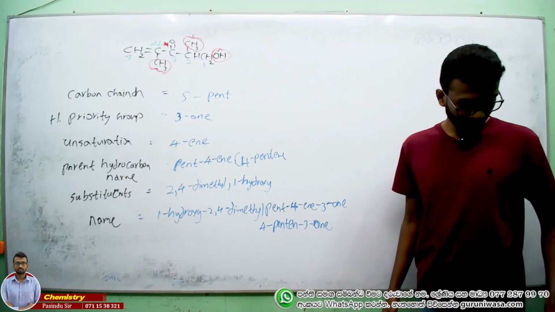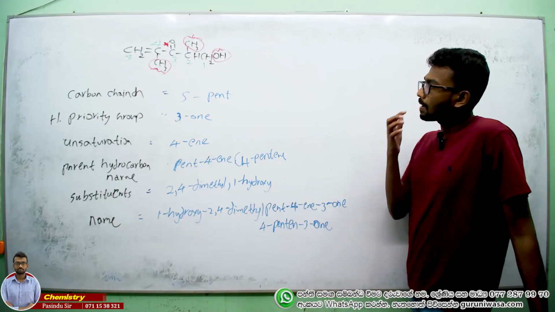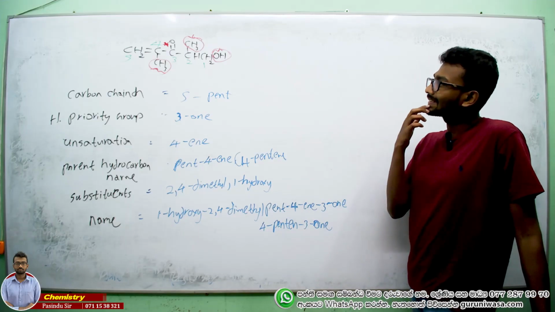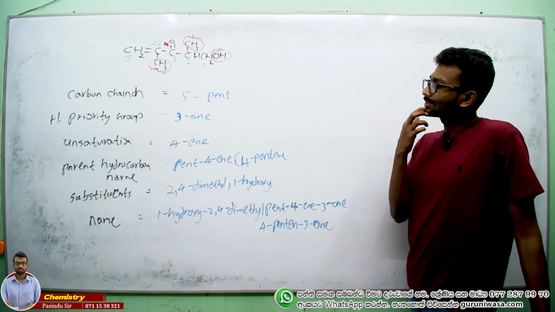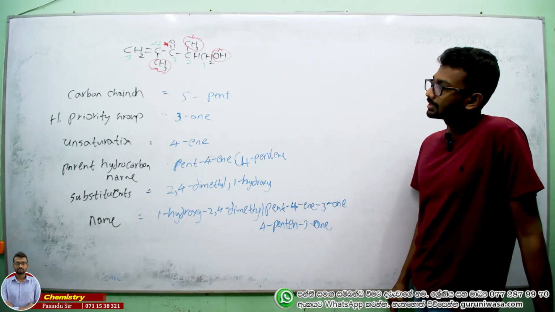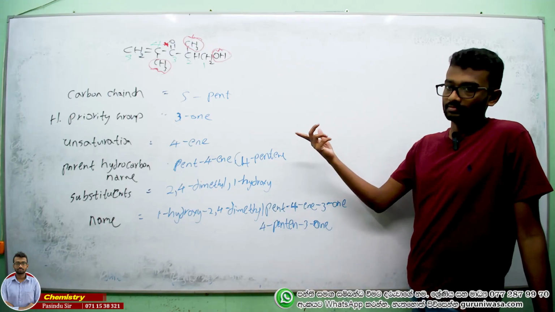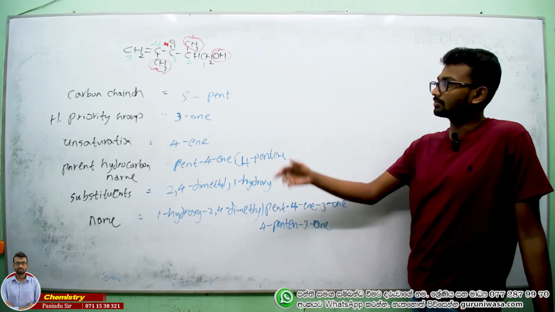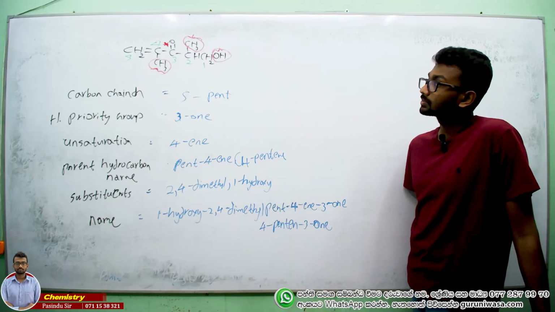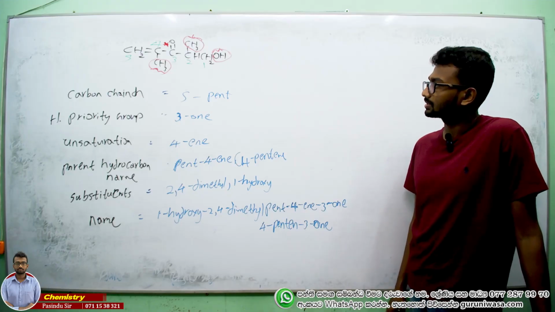Okay. In this case, as I did, it gives the lowest possible numbers for the substituents, but when we number the carbon chain, we must give the lowest possible number to the unsaturation. So we have to consider the unsaturation.